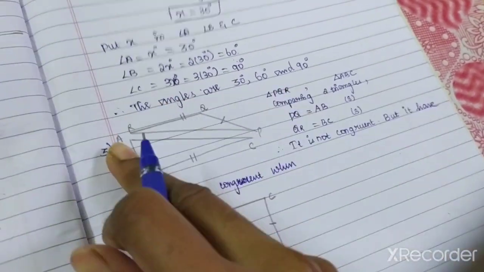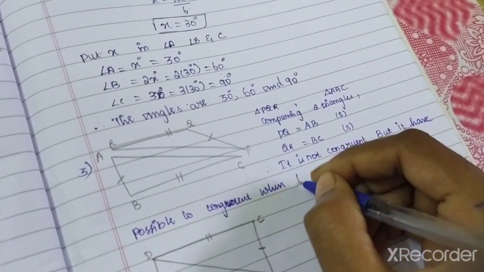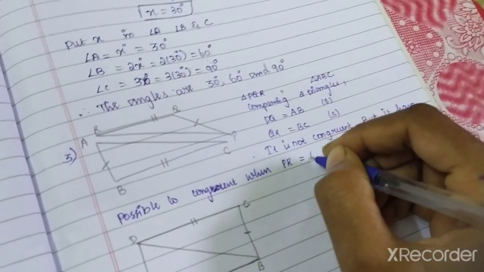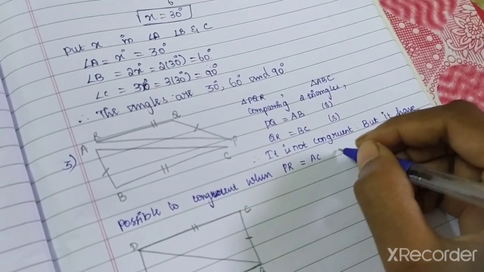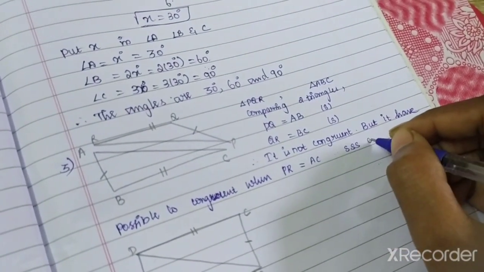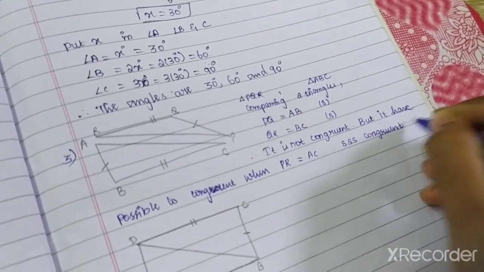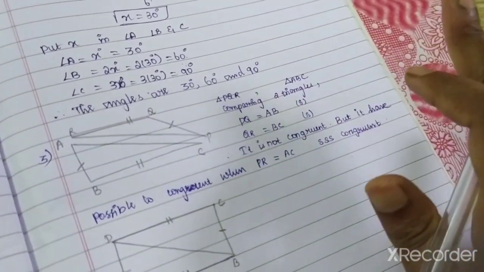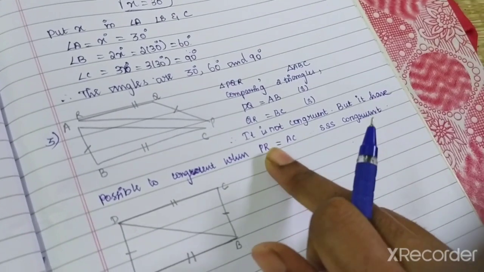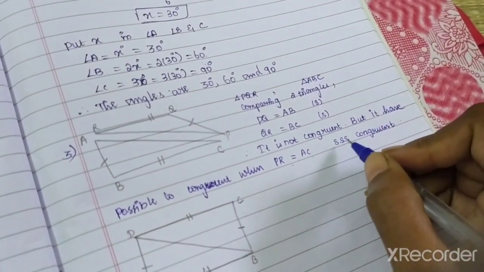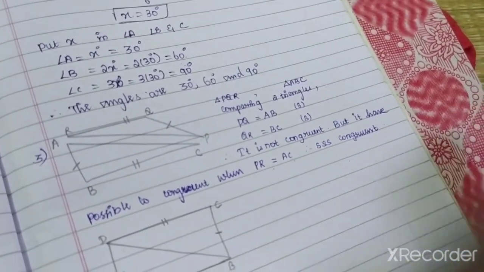It is possible to be congruent when PR is equal to AC. Therefore SSS congruent. Are you clear? Before that it's not congruent, but when we have PR equal to AC, therefore it is SSS congruent. That's it. Okay.